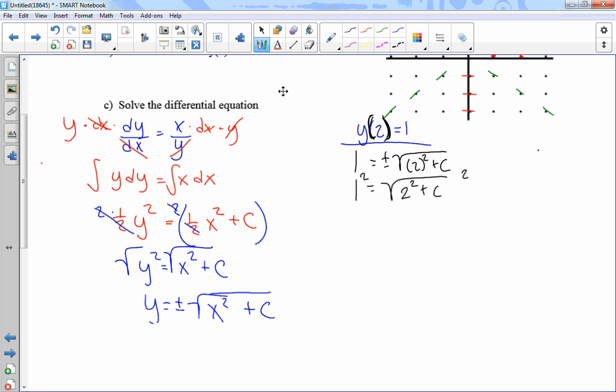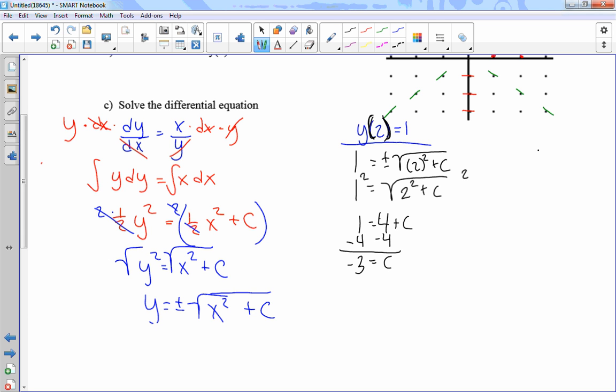Everything was positive in the first quadrant. 2 comma 1. So we get square root of 4 plus c. It's just 4 plus c. Minus 4, minus 4. So c is negative 3.